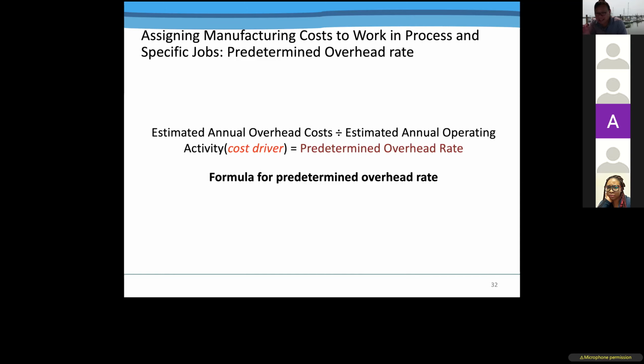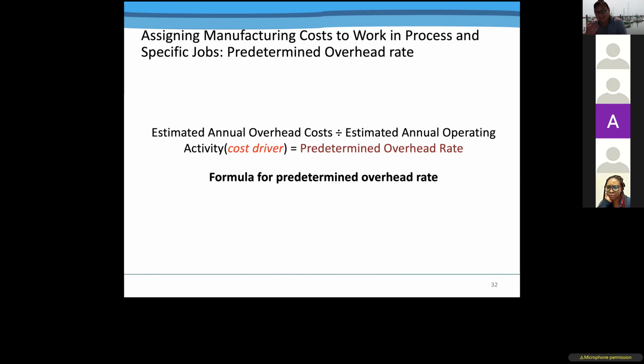That is my estimated annual operating activity. That will be 100,000 labor hours, or maybe 5,000 machine hours. So the company will pick one cost driver. But the key here is they are both estimated, not the actual numbers.